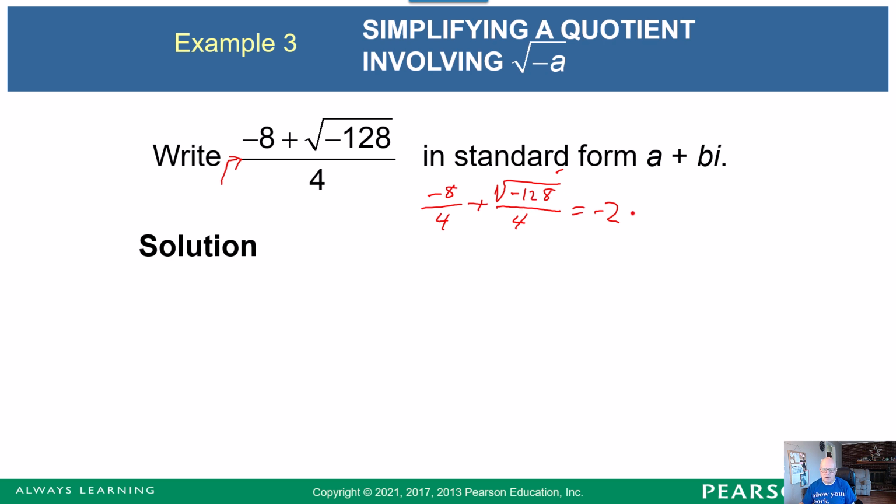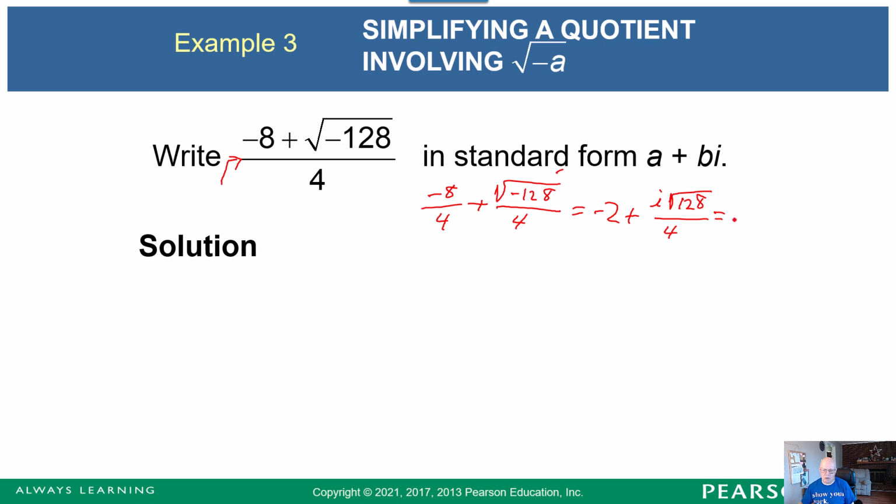Over here, let's see. Well, first of all, we're going to take out the i first. Square root of 128 over 4. Now 128 can be divided by a perfect square. Now what's the biggest square that will divide into 128?